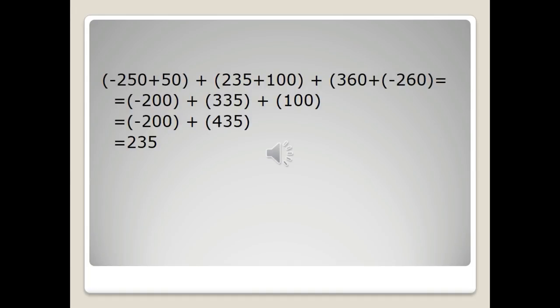Next, bring down negative 200 and add 335 plus 100, since they have the same sign, so plus 435. Lastly, negative 200 plus 435 is equal to positive 235. Since they have different signs, we just simply subtract them.